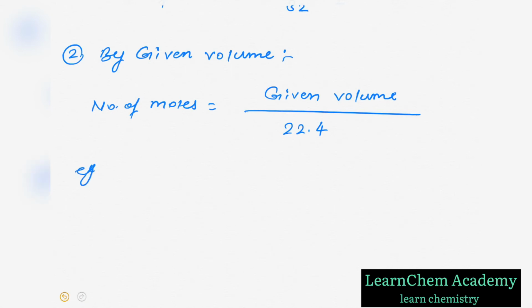So we can take an example: if 5.6 liter of hydrogen is present, calculate the number of moles.